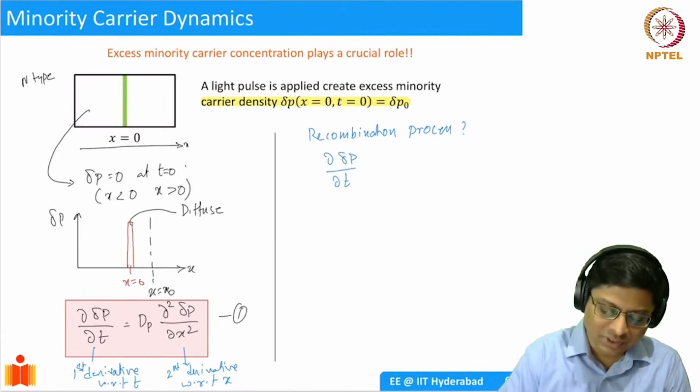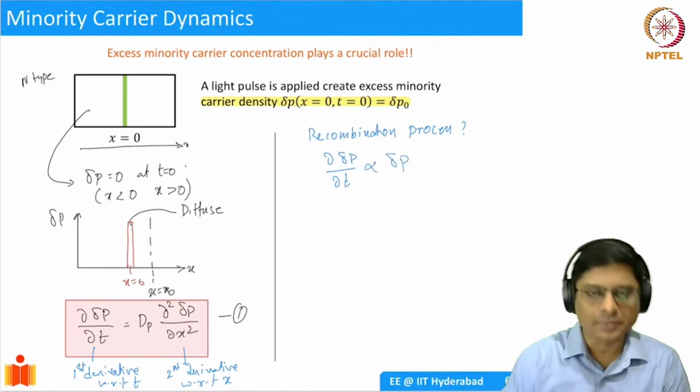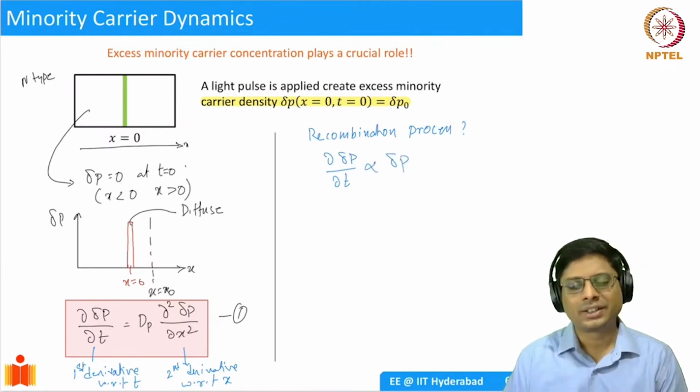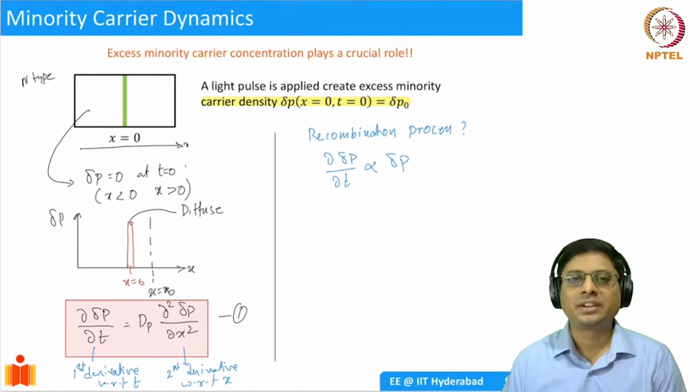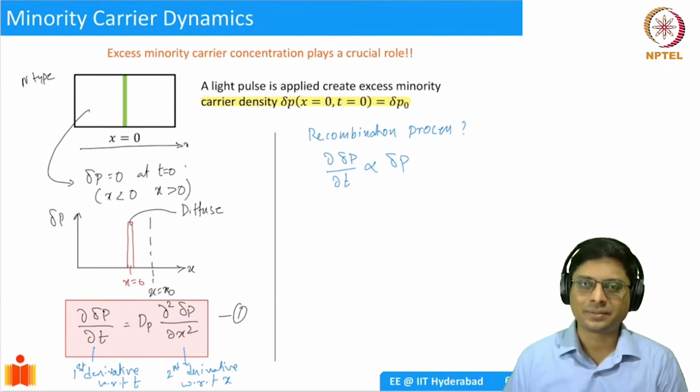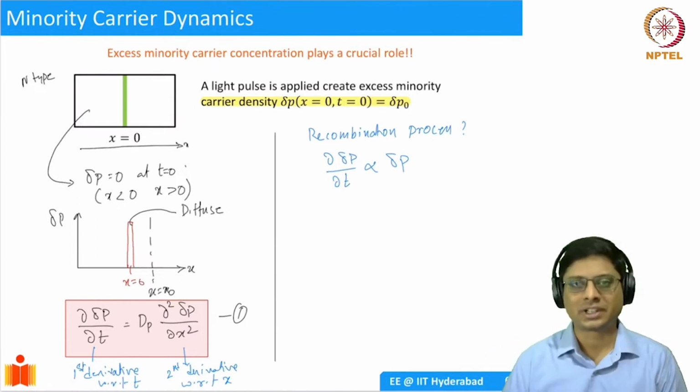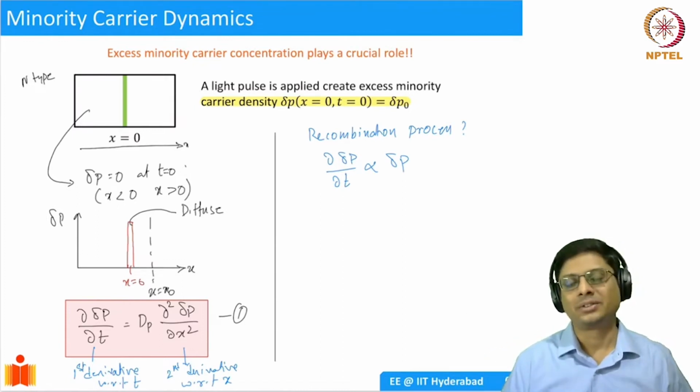And whenever you consider the recombination process, we know that it is going to be proportional to the excess minority carrier density delta p. Think about it. How will be the rate of change of minority carrier density? Will the minority carriers increase with time or decrease with time? Because whenever you are recombining electrons and holes, your minority carrier density is reducing, right?